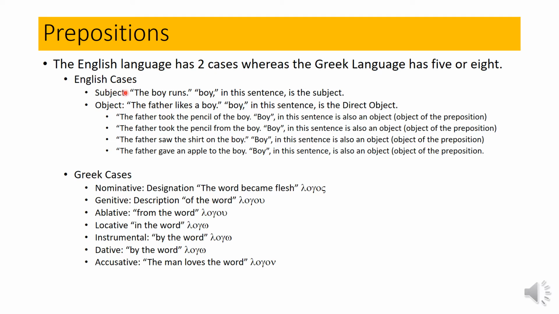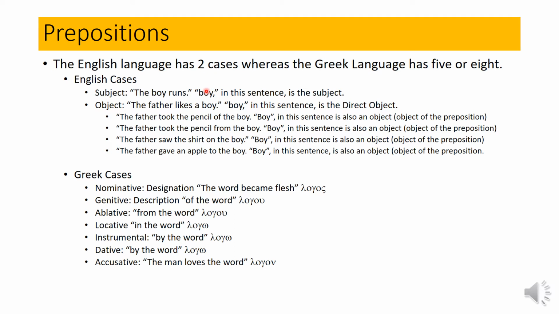In the subject case in English, the sentence, the boy runs, boy in this sentence is the subject. In the object case in English, the father likes a boy or loves a boy. Boy in this sentence is a direct object.